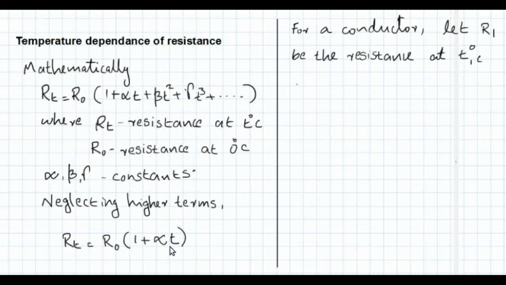When the temperature is T degree Celsius, the corresponding resistance is RT. Now for a temperature of T1 degree Celsius, let the resistance be R1. Then this can be represented as R1 is equal to R0 into 1 plus alpha T1.